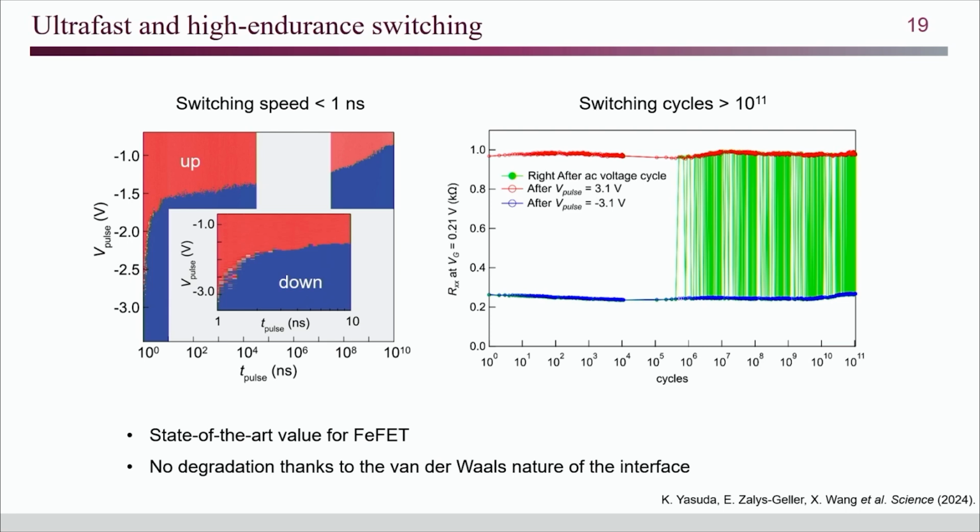On the other hand, we also perform this switching experiment up to 10 to the 11th cycle, and we see that up to this value, there is still a very robust ferroelectric switching behavior, also comparable to the state-of-the-art performance. We think that there is no degradation up to this number of cycles because of this van der Waals nature of the interface, because usually these defects trapped at this interface will gradually degrade your ferroelectric materials.